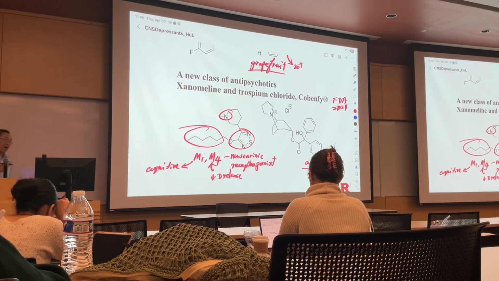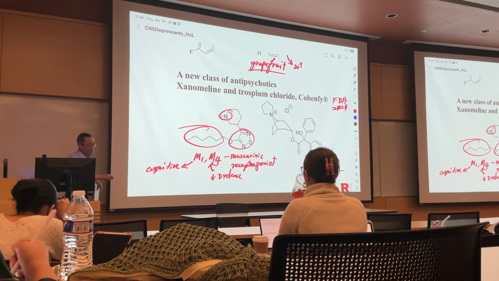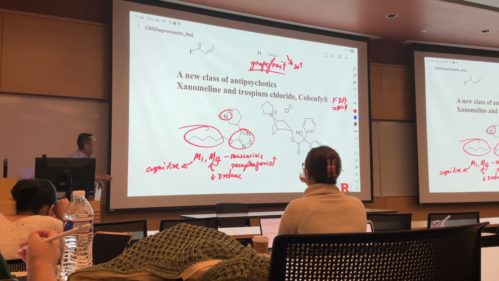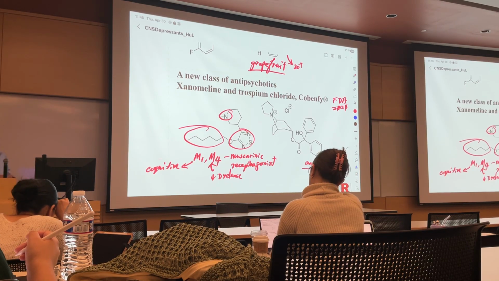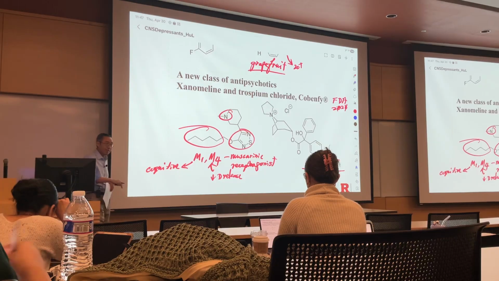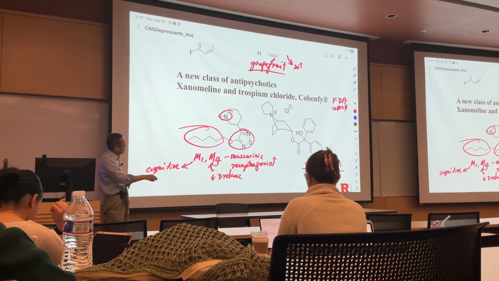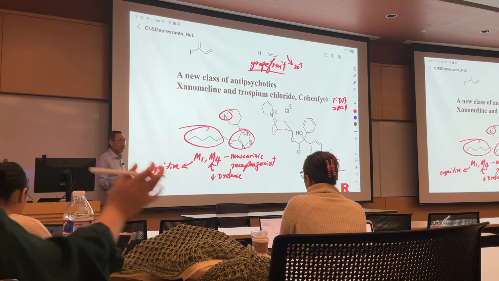So mechanism-wise, although some literature says it's still very hard to understand, it's related to the pharmacologic effects on M1 and M4 muscarinic receptor agonist activity of this drug molecule in the central nervous system. But the effect in the periphery of this drug molecule is lessened, reduced by use of this drug molecule, which is confined to the periphery.